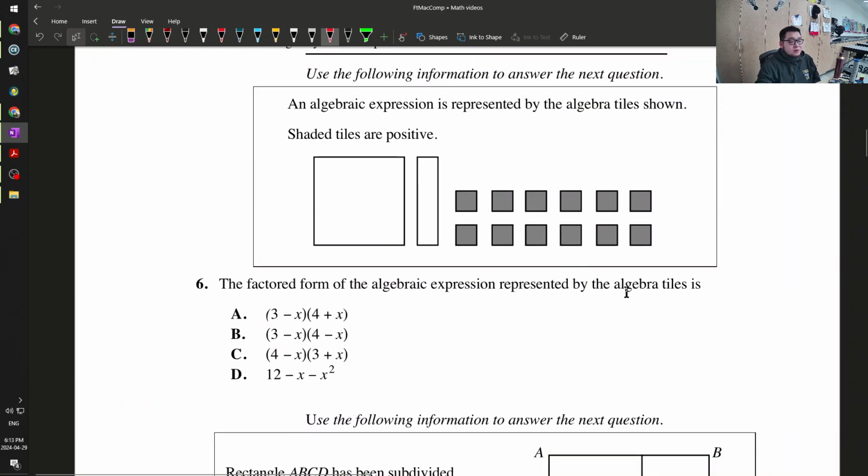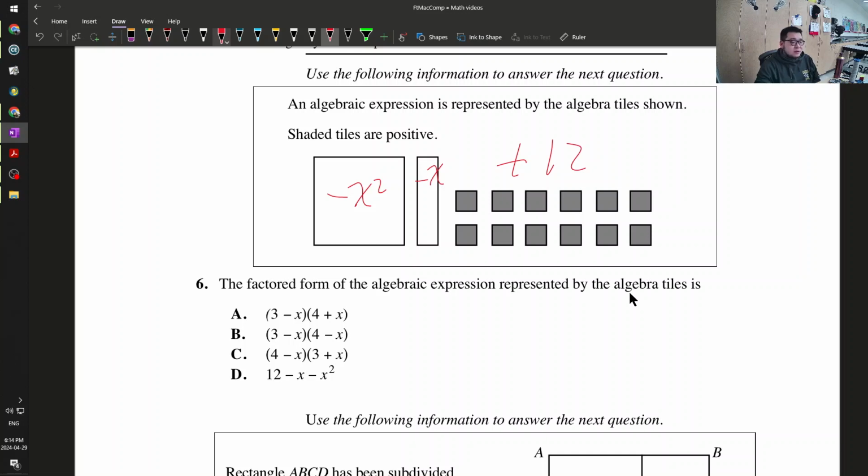6. The factor form of the algebraic expression represented by the algebra tiles is... Okay, so this is negative x squared, this is negative x, and then these are plus 12. There we go. So we have negative x squared minus x plus 12.